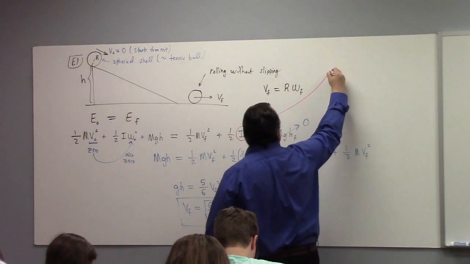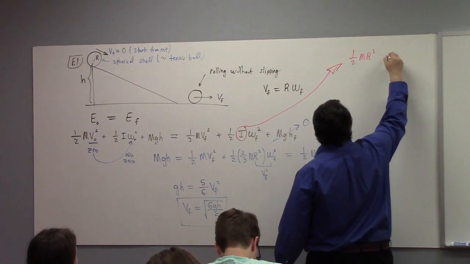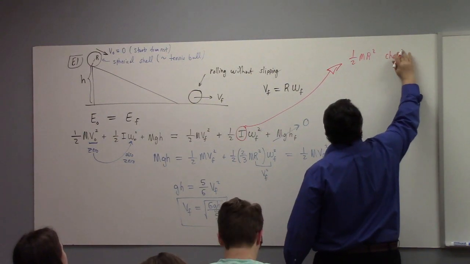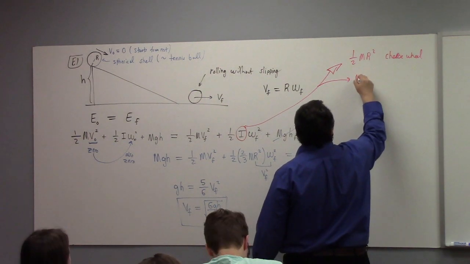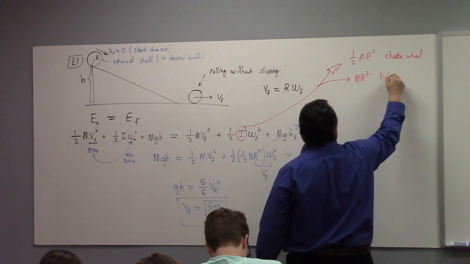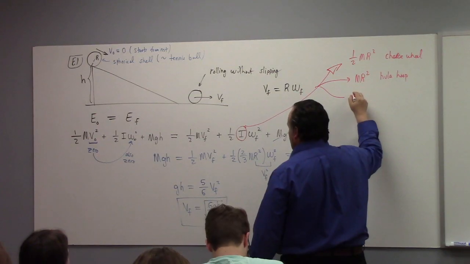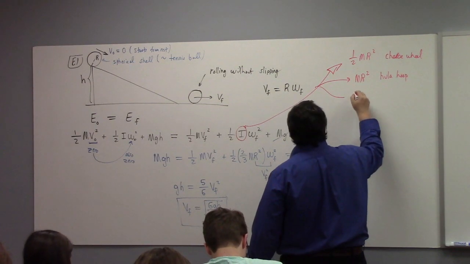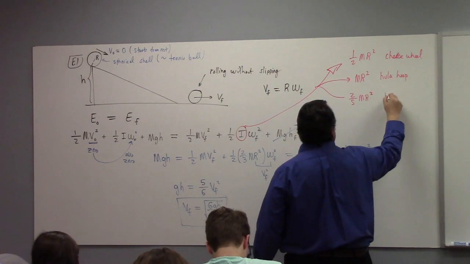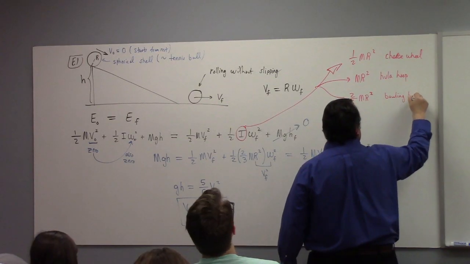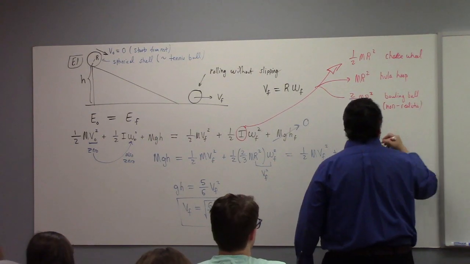You could make it 1/2 mr squared for a cheese wheel, mr squared for a hula hoop, or 2/5 mr squared for a bowling ball, non-realistic, because actual bowling balls are not uniform density.